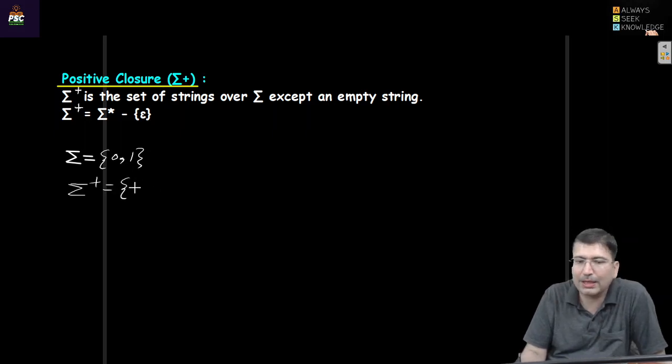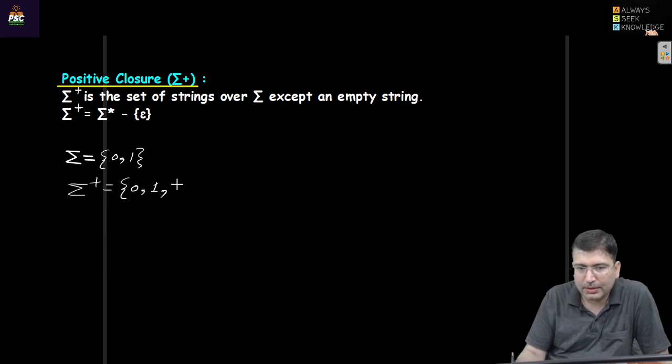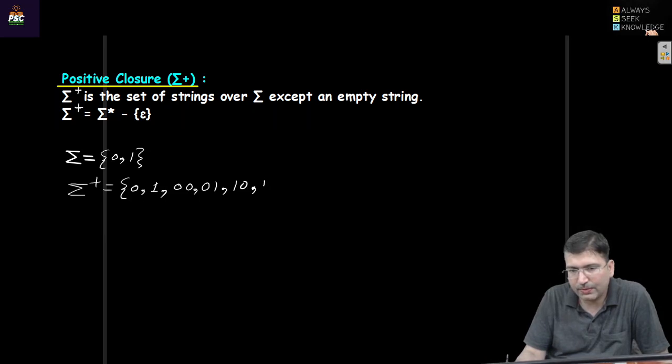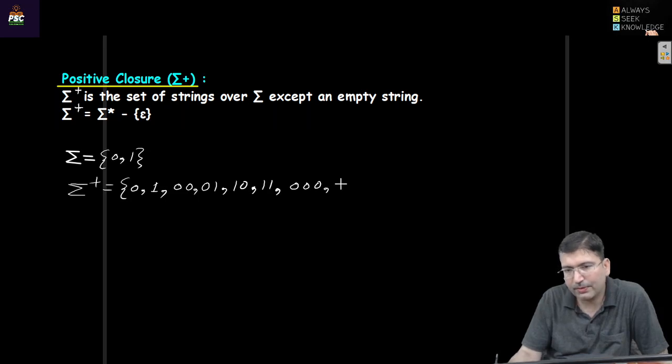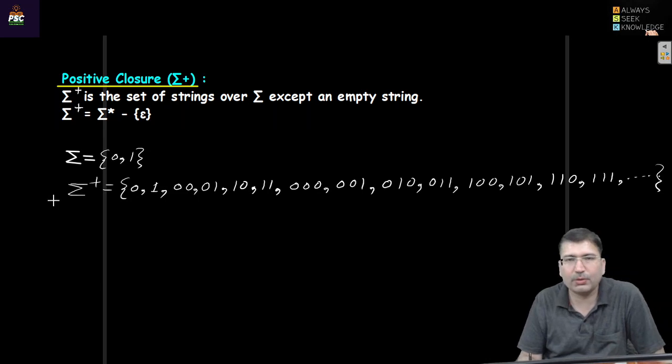That means one-length strings, that is 0, 1, union of 1-length, 2-length, 3-length, 4-length till infinite, but not the 0-length string. So 2-length will be 00, 01, 10, 11, then 3-length: 000, 001, 010, 011, and so on, 100, 101, 110, 111, right? And then 4-length, and so on. So this is the meaning of positive closure.